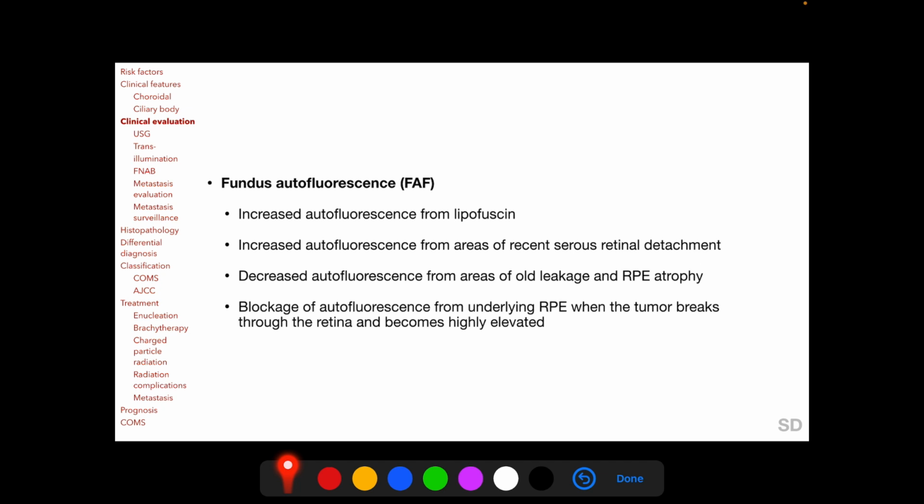But from areas of old serous retinal detachment and RPE atrophy where the lipofuscin content decreases, there will be decreased autofluorescence. And when the tumor breaks through the retina and becomes highly elevated, it will block the view of the underlying retinal pigment epithelium and thus block the autofluorescence from the underlying retinal pigment epithelium.